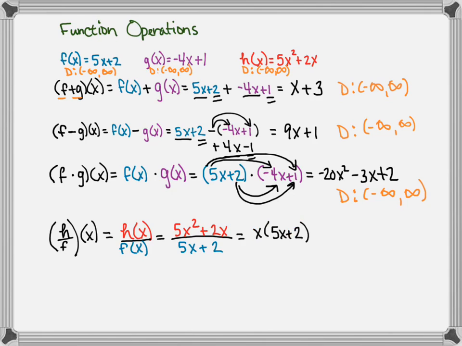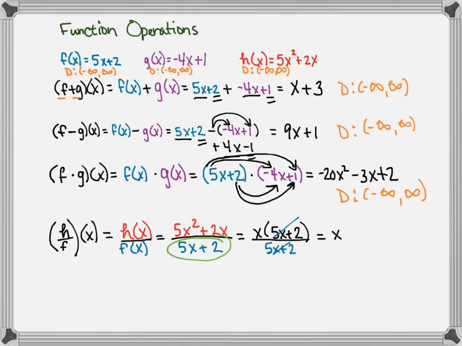Let's factor the numerator by factoring out an x. That's the greatest common factor. That leaves 5x plus 2 in parentheses. And again, the denominator stays as 5x plus 2. We can cancel out the 5x plus 2's, and we get that this quotient is equal to x.